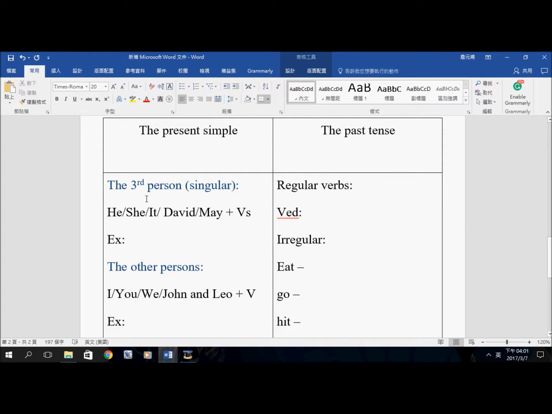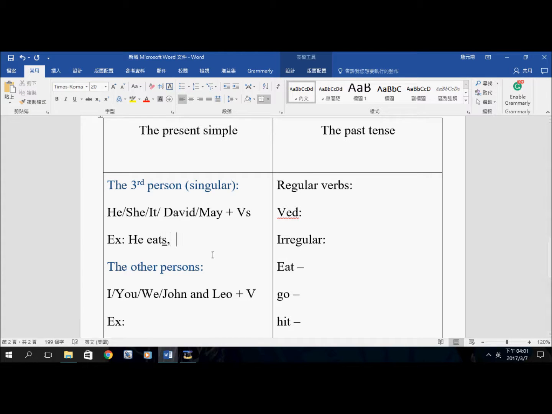When the subject, the person or the thing before the verb, is a third person singular pronoun or a third person singular noun, for example, he, she, it, or David, May, we have to add an extra s at the end of the verb that follows these nouns or pronouns. So he eats. The additional s is required.